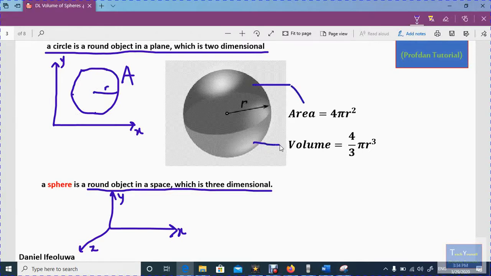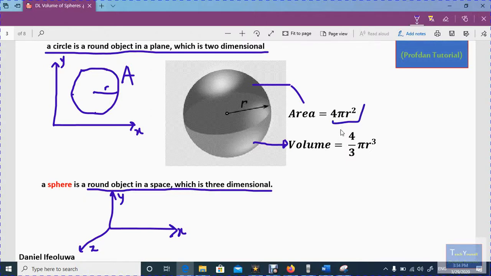In this video, I'm not going to show how we derive this formula. We just use the application of this formula. The area of a sphere is given as 4 pi r squared.